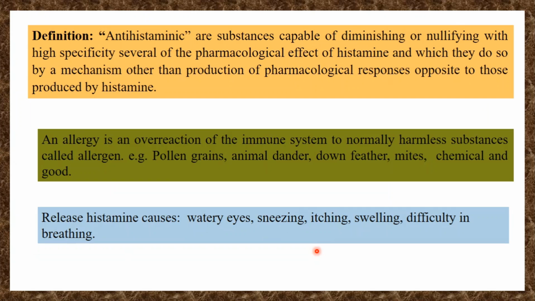In the next slide, we'll see the definition of antihistaminic drug. The antihistaminic drugs are defined as substances capable of diminishing or nullifying with high specificity several of the pharmacological effects of histamine, and which they do so by a mechanism other than production of pharmacological response opposite to those produced by histamine.